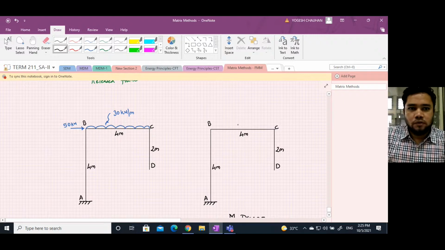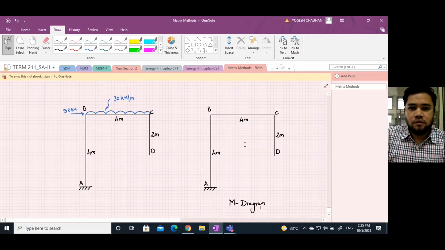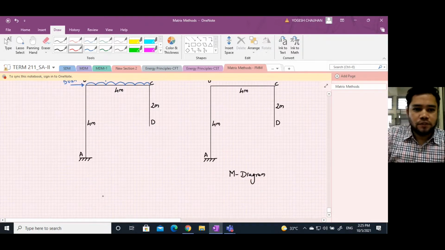So now let us draw the bending moment diagram for this given loading. This is the released frame with applied load.